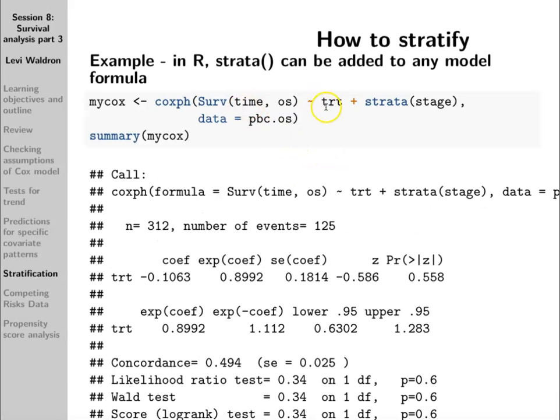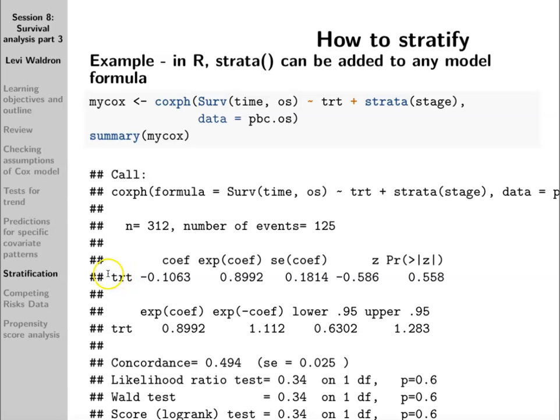So here's an example. It's very simple to do. All you have to do is add this strata function to your model formula. So I'm going to perform here a Cox proportional hazards regression of the PBC data set with the treatment arm as a predictor and stratified this time by stage. And when I do a summary, it appears basically the same as a univariate or crude analysis with just this treatment analyzed.